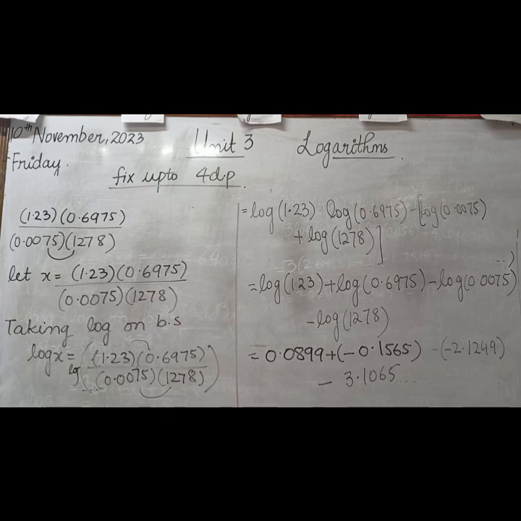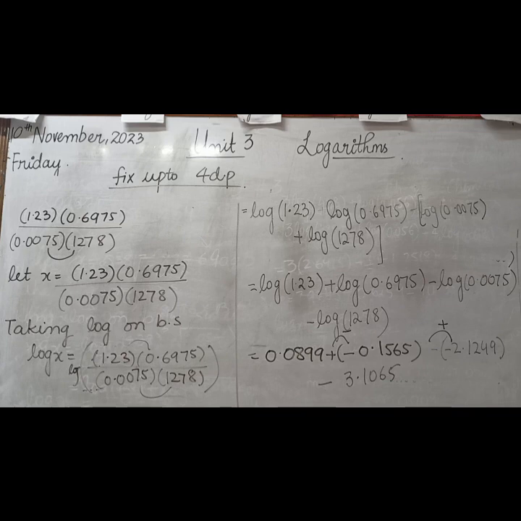What will you do in the last step? You will calculate all the terms, open the brackets, plus minus, minus, minus, minus, plus, and then by using the calculator solve out the terms and then find out the anti-log. So this is how you solve the questions by using logarithms.